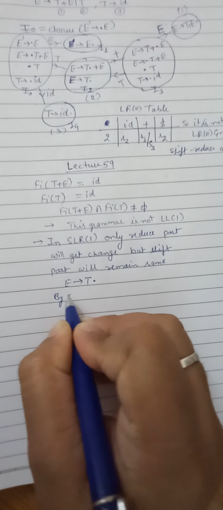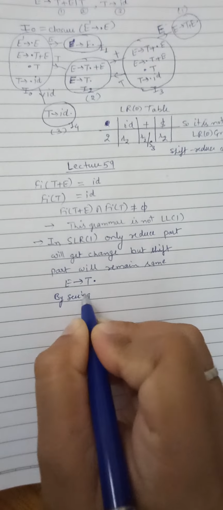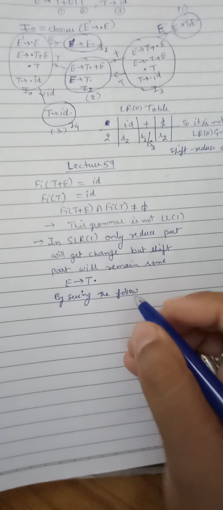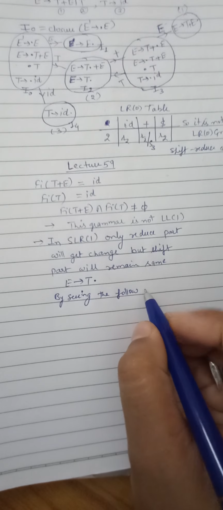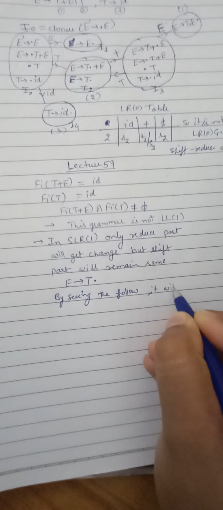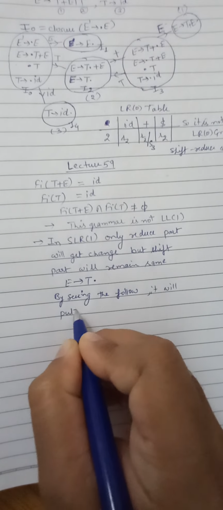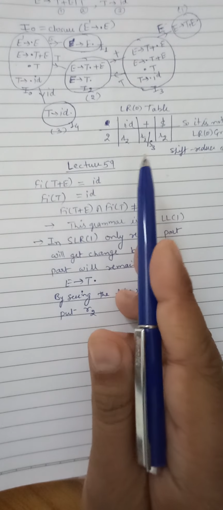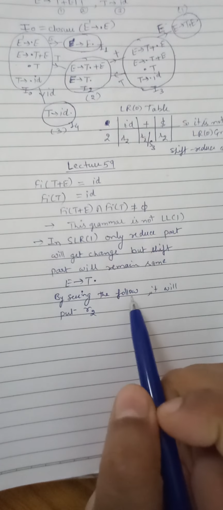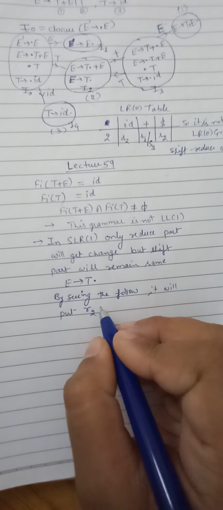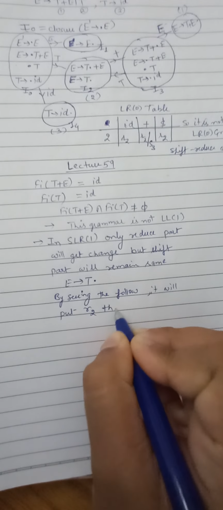By seeing the follow, it will put R2, because R2 is the reduction, we are seeing the reduction.